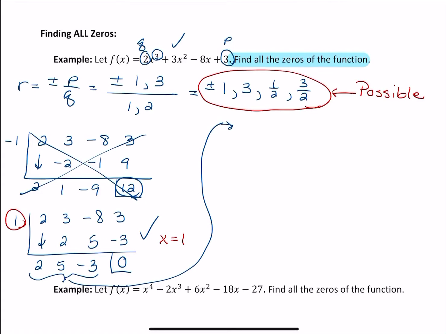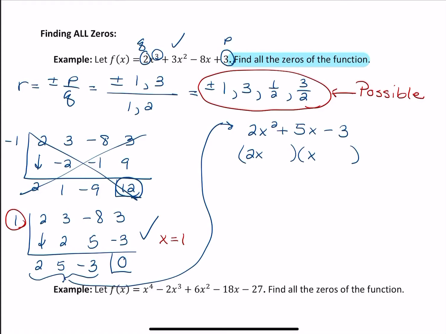And now that I've found one of a third degree, that means my answer here is a quadratic. So that gives me 2x squared plus 5x minus 3. And I can factor that to find the remaining zeros. So I've got 2x and x. I just have to figure out where factors of 3, that will give me a positive 5 in the middle.